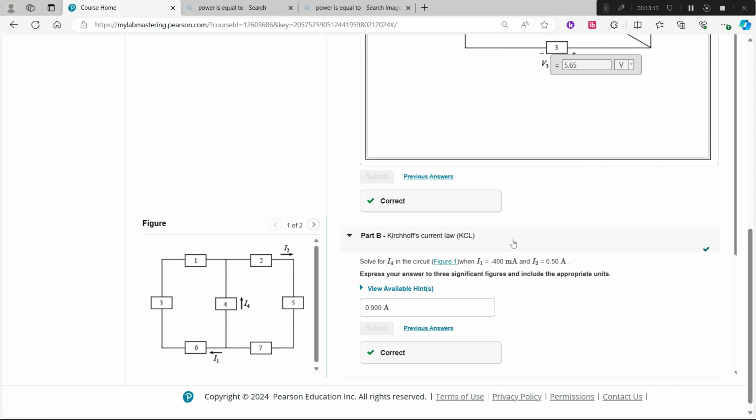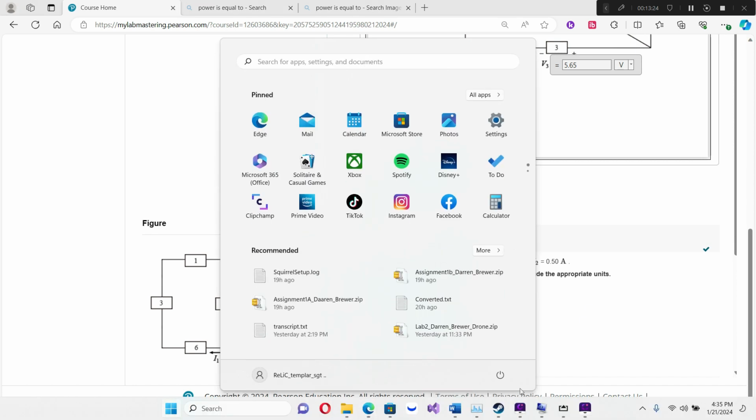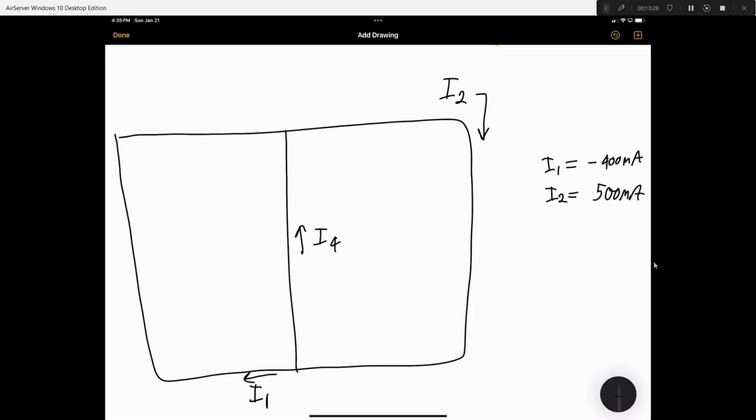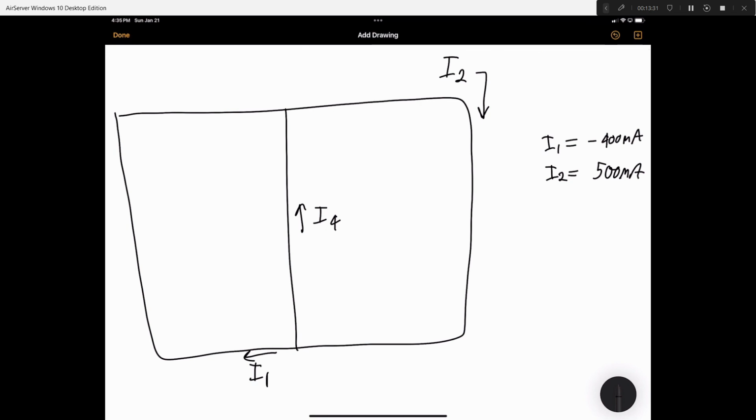I2 is equal to 0.5. We'll convert that to milliamps here, which is 500 milliamps. So we have these 3 currents. We know I2, but we need to find I4.